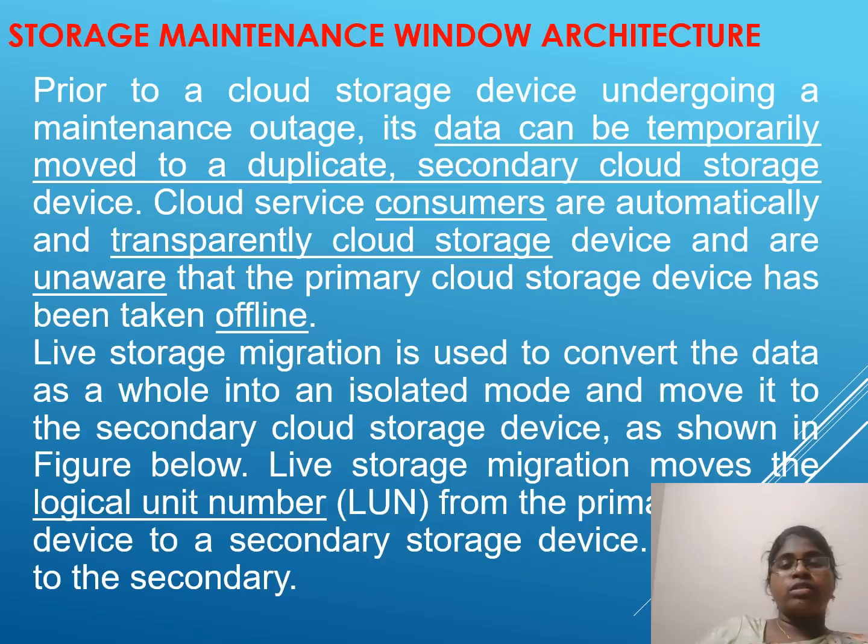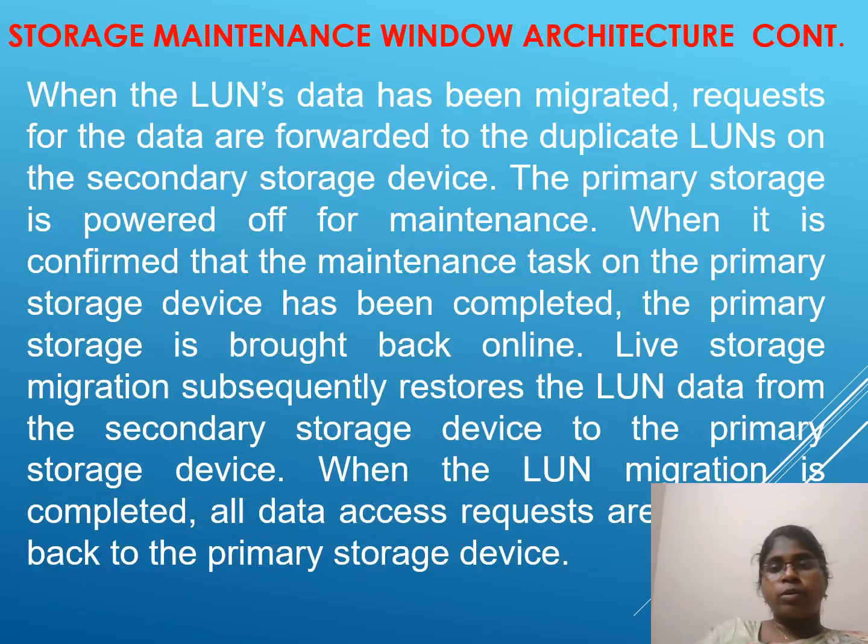Live storage migration is used to move the data as a whole into the secondary cloud storage device. Live migration moves the LUN to the secondary storage device. When the LUN data has been migrated, requests are forwarded to the duplicate LUN on the secondary storage device.